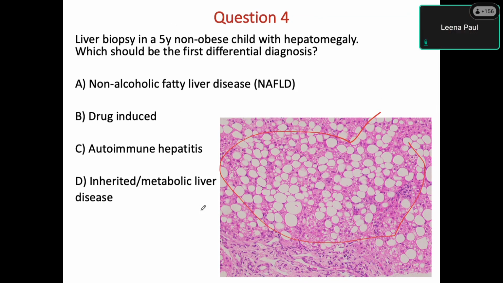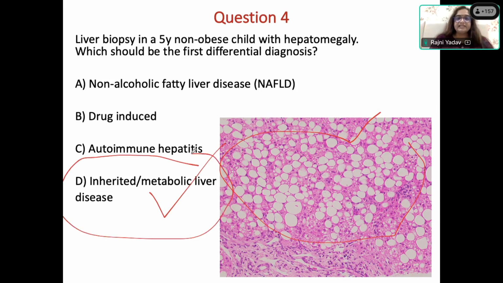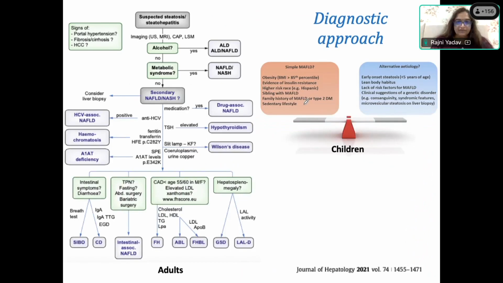The majority is answering option D, inherited metabolic liver disease. Yeah, so that's the correct option. In that age group, once you see steatosis or cholestasis or a combination of these, you should always suspect inherited diseases. So in children, the list of diagnoses will completely differ.